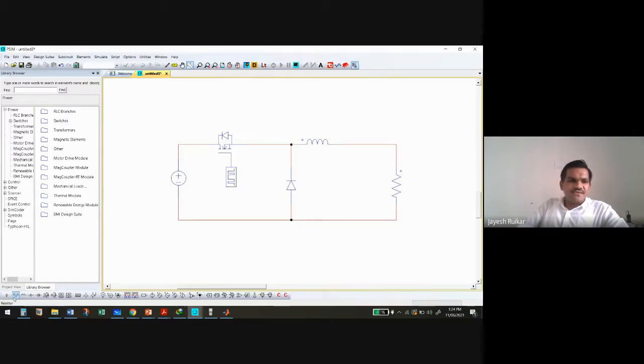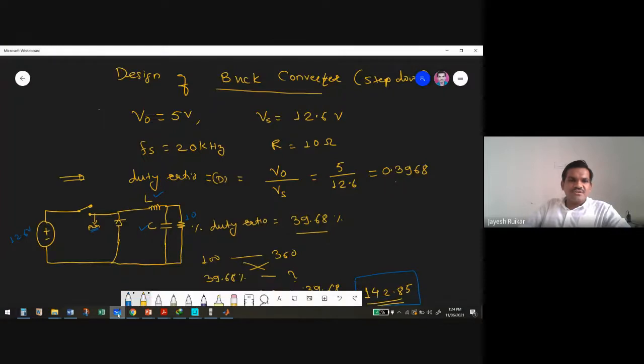And one capacitor is required. Now if you double click, we can change the values. This is your complete circuit.